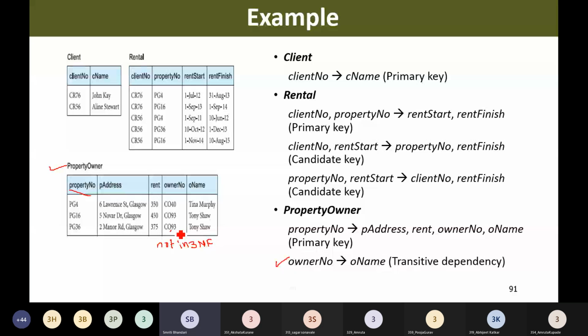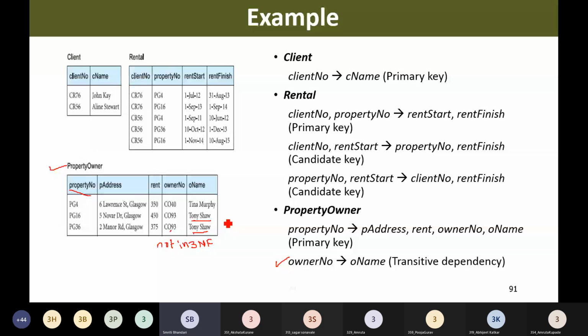If I am having more than one entries in this table for the same owner number, right, then everywhere I need to change this name if I want to change the name. And if I forget to change the name for one of the tuples, then I may have the inconsistent relation, inconsistent database, because there is update anomaly exists in this relation. And that is why we need to remove this transitive dependency from this relation.